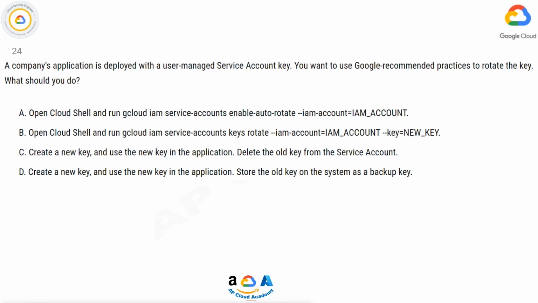C. Create a new key, and use the new key in the application. Delete the old key from the service account. D. Create a new key, and use the new key in the application. Store the old key on the system as a backup key. Correct answer, C.